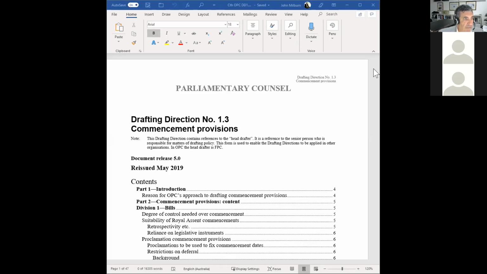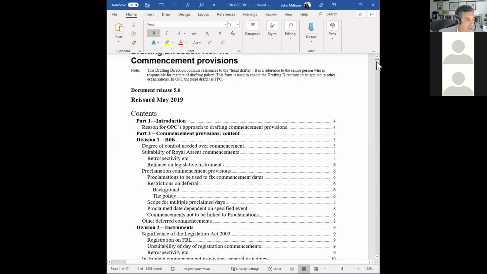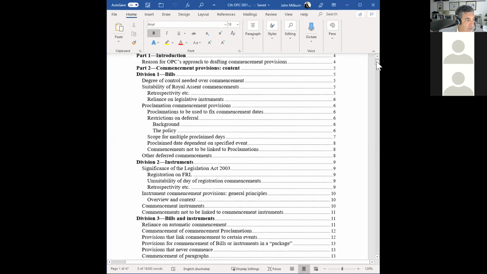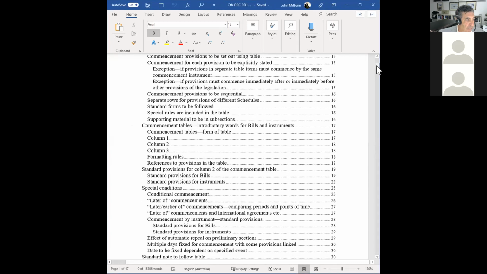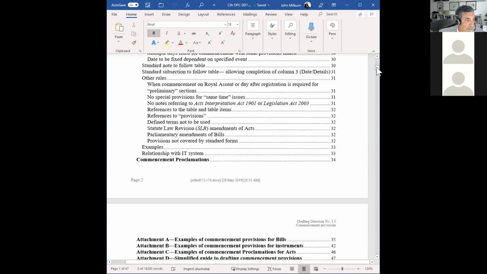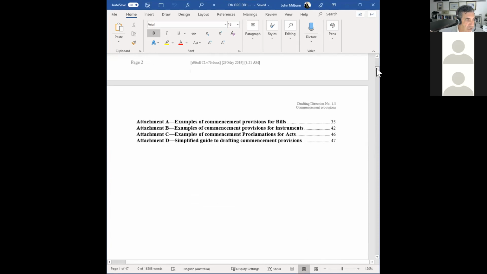Parliamentary Counsel drafting direction, commencement provisions, this is 1.3. And in relation to bills, instruments, commencement provisions, we have detailed information. Now, where it becomes interesting is the attachments which provide for examples.